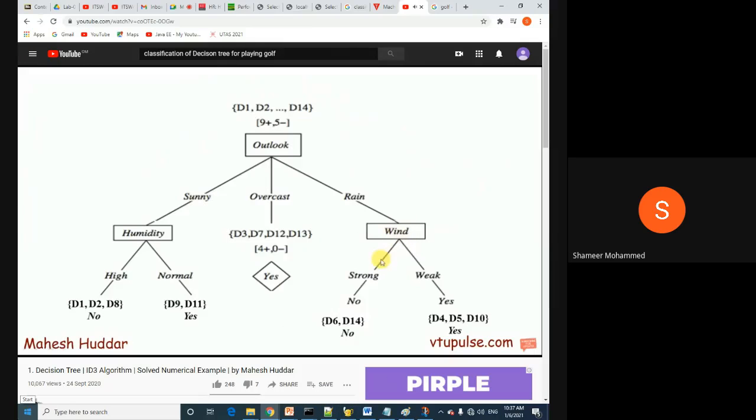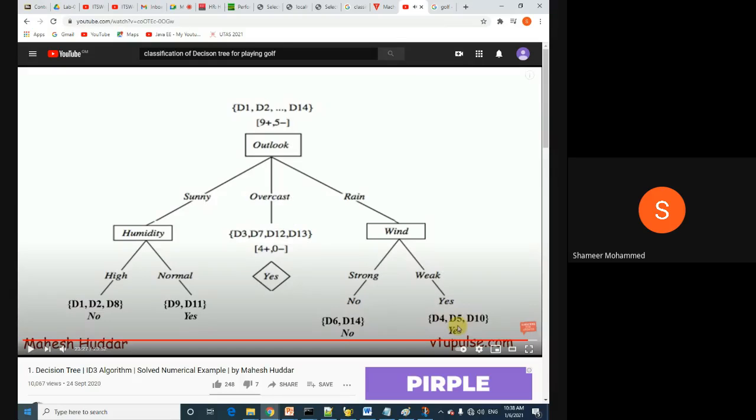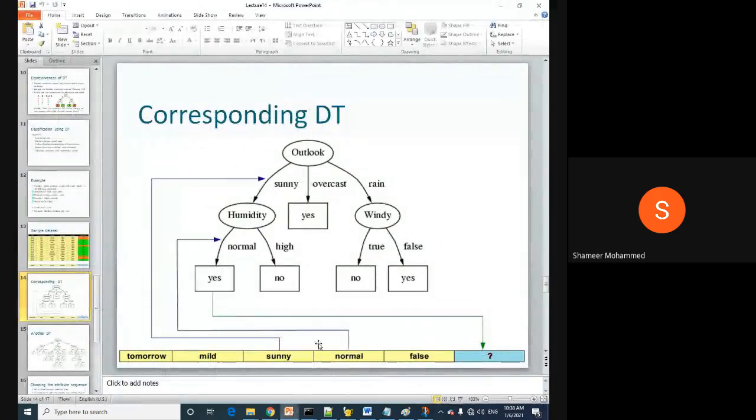So based on this decision tree, you can take the decision. Suppose tomorrow these are the temperature values. You refer to this diagram and take the decision.